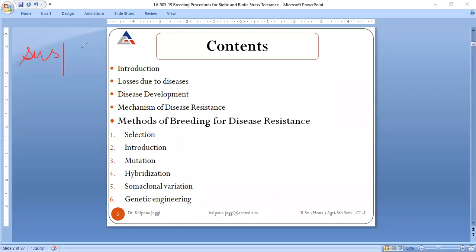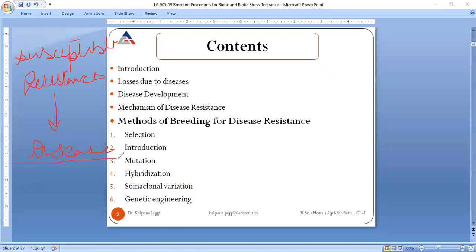One is susceptible, and another is resistant. And these two terms are in turn related to disease.